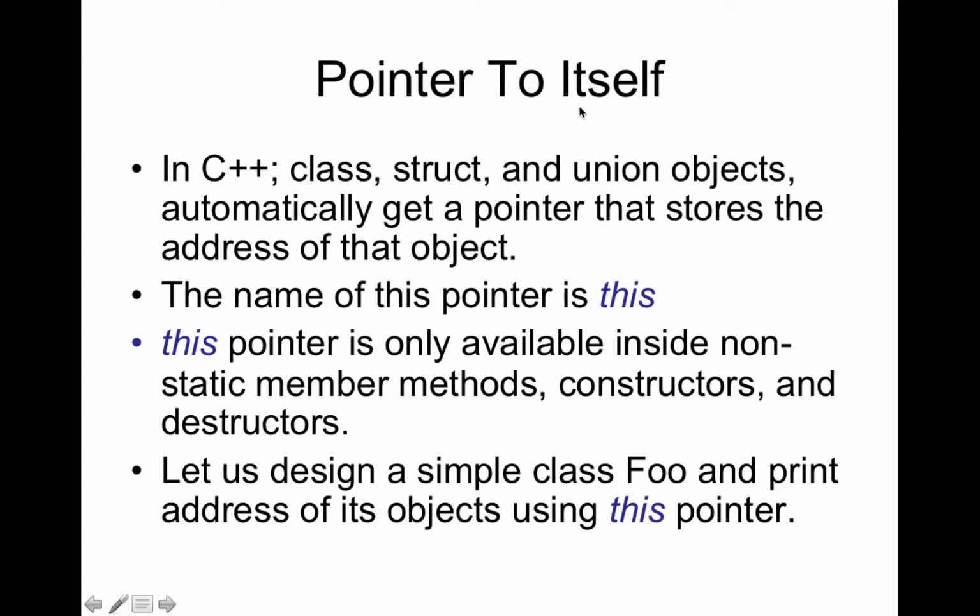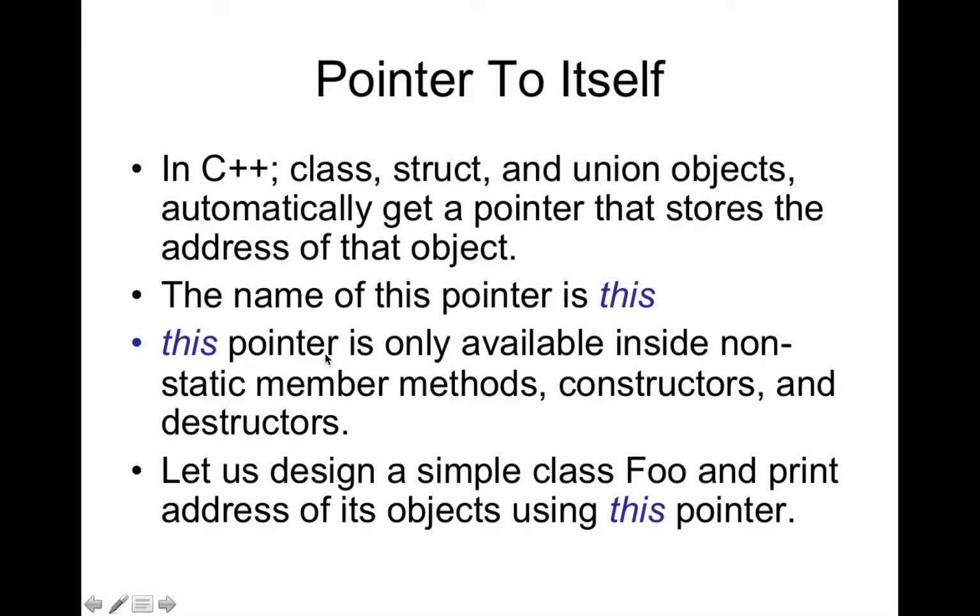Basically, this is a pointer to itself. In all C++ classes, struct and union objects, there is automatically a pointer that stores the address of that object that has been created. And the name of this pointer is very simply this.